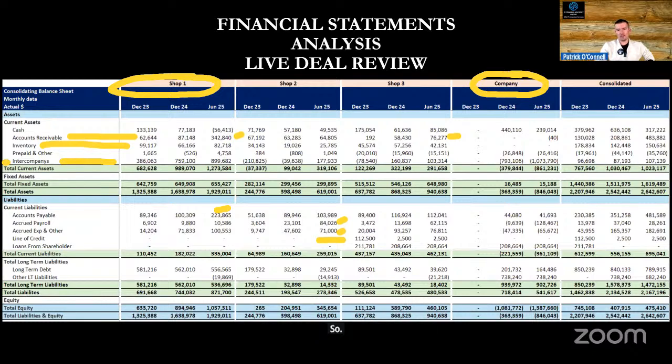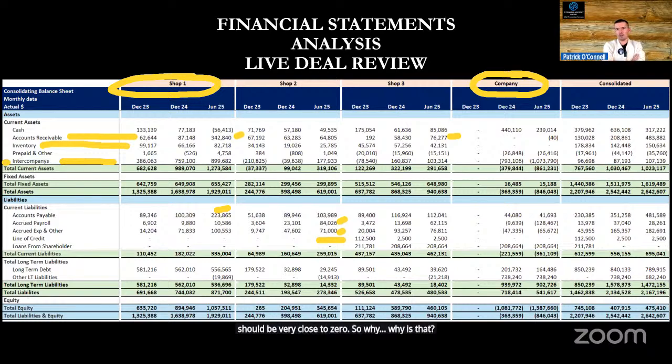So a couple things to keep in mind when you're doing intercompany. In a perfect world, if the business is routinely updating its records, the intercompany activity on a consolidated basis should be very close to zero. Why is that?